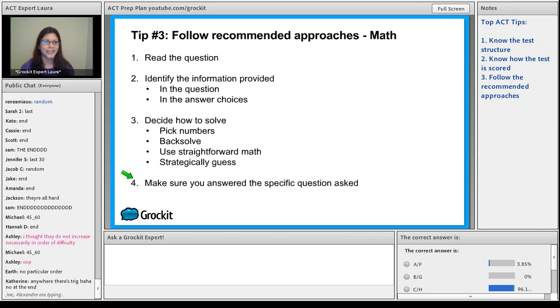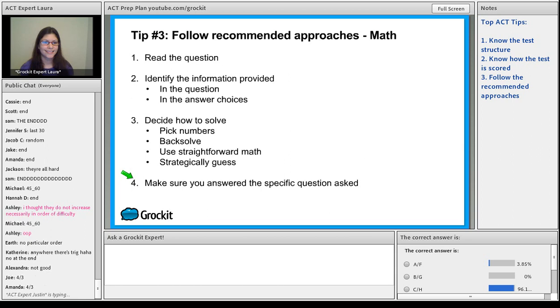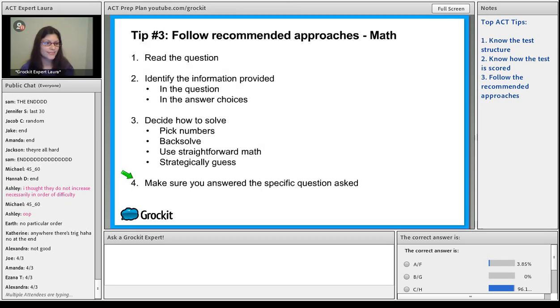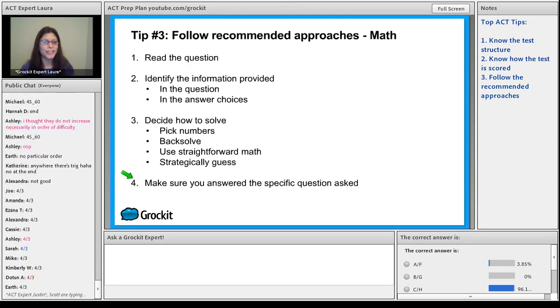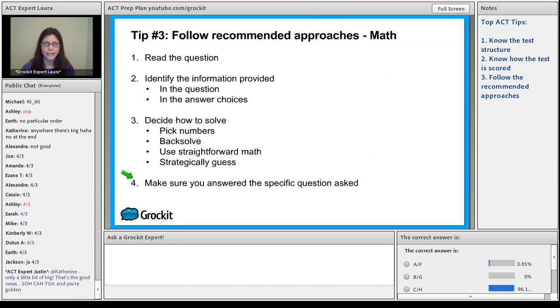What are you going to put? Excellent job. It is the reciprocal, and you're going to put 4 over 3. Awesome work. And that's the thing, you might not get your points because 3/4 is totally going to be an answer if you're not using this recommended approach. So let's put this into practice.